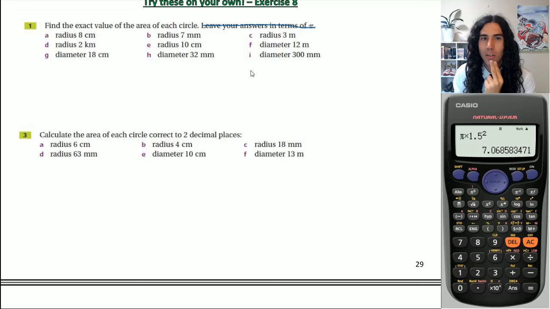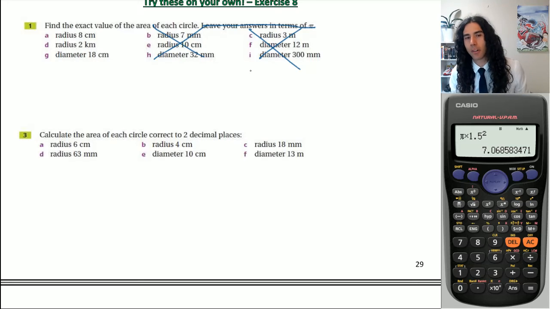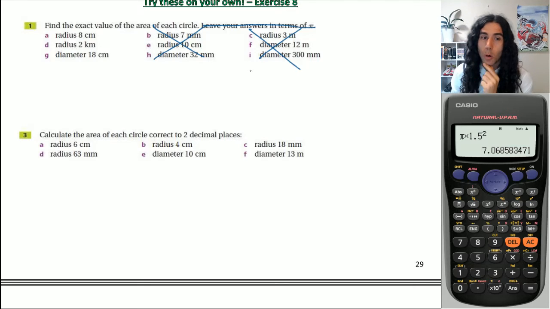Let's just do 1, 2, 3. Wait. Get rid of that. And get rid of that. I mean, 3's enough. But for question 3, you're going to do all of them. So leave that.